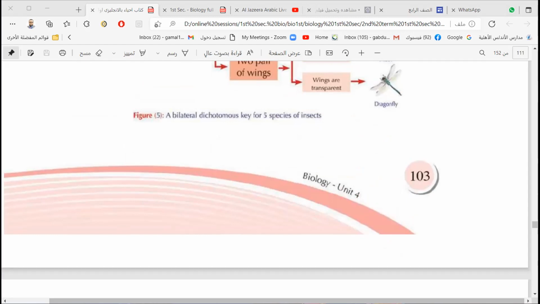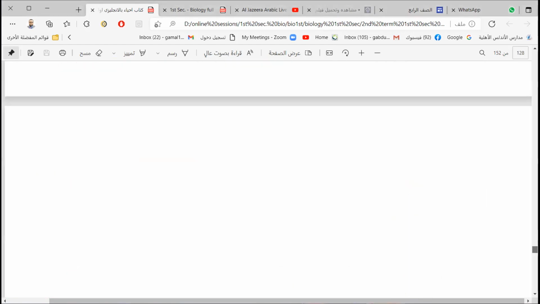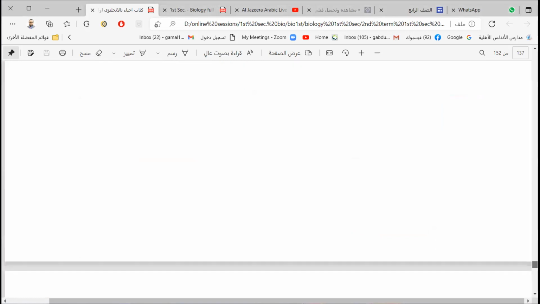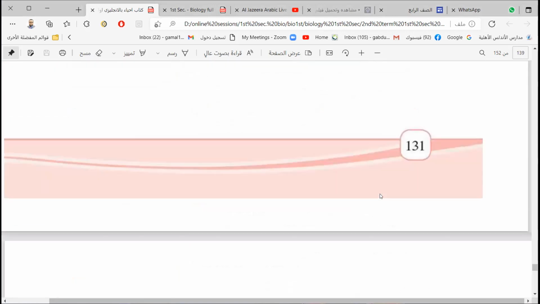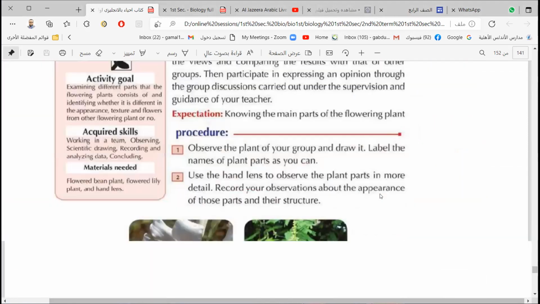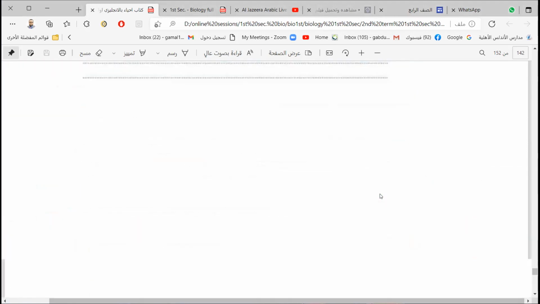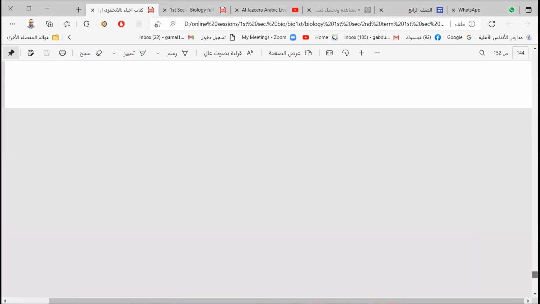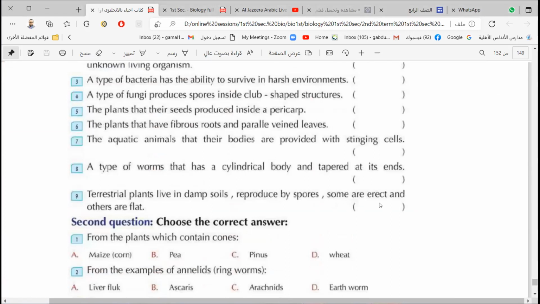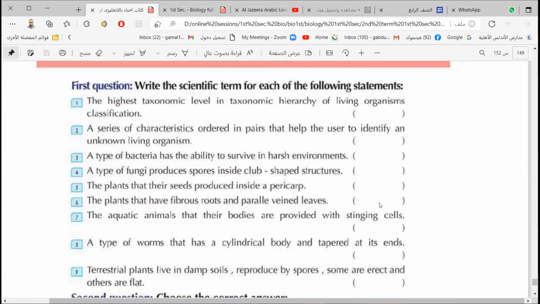Let's go back to the questions. Back to the exercise again. Yeah, the answer is dichotomous key. Number 2, dichotomous key.